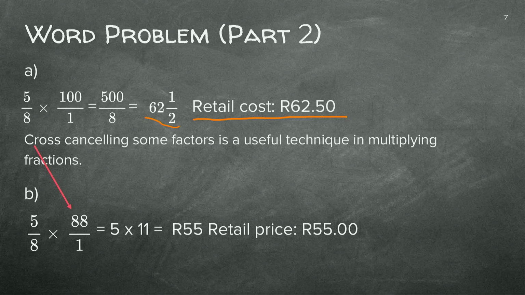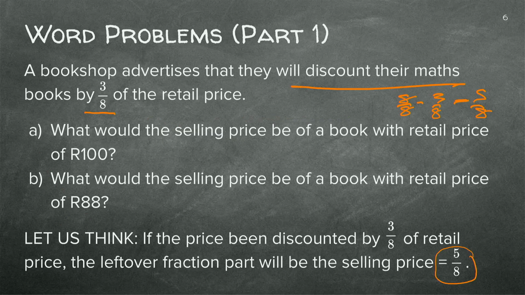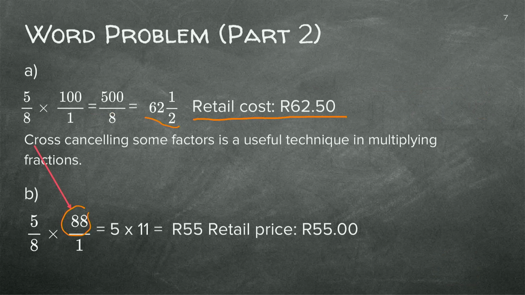Cool. Now the other part was 88 Rand, right? Just to remind you, what would the selling price be of a book with a retail price of 88 Rand? Okay, so there we've got 5/8 times 88 over 1.